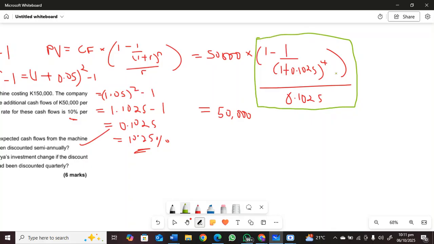When we did this tabulation in green, I think you get a 3.something. 3.172, yes. When you do this whole tabulation here, you end up with 3.172. All right, then you say 50,000 times 3.172.